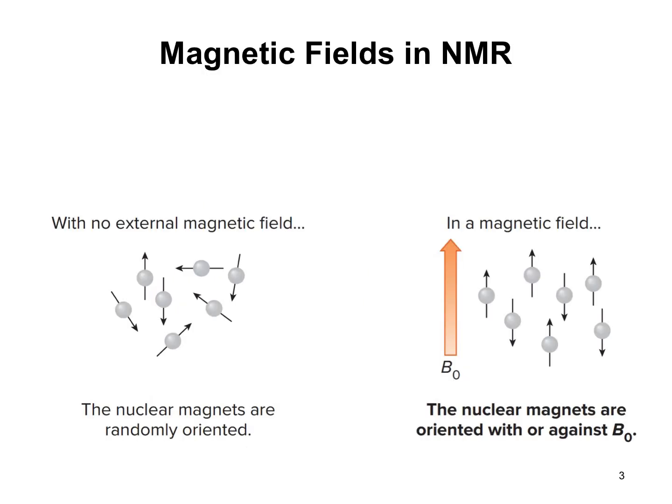Now, when a charged particle like a proton spins on its axis, it creates a magnetic field.